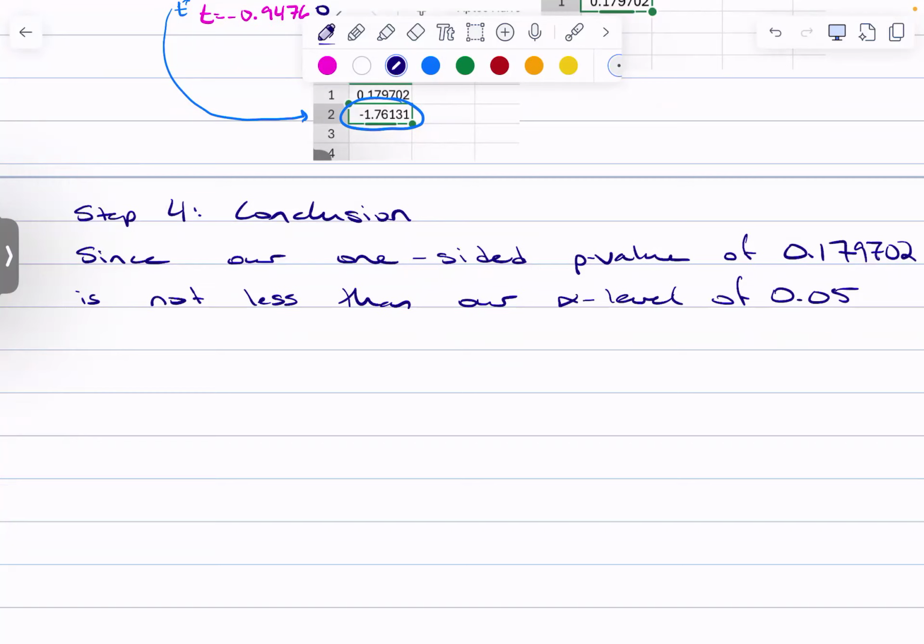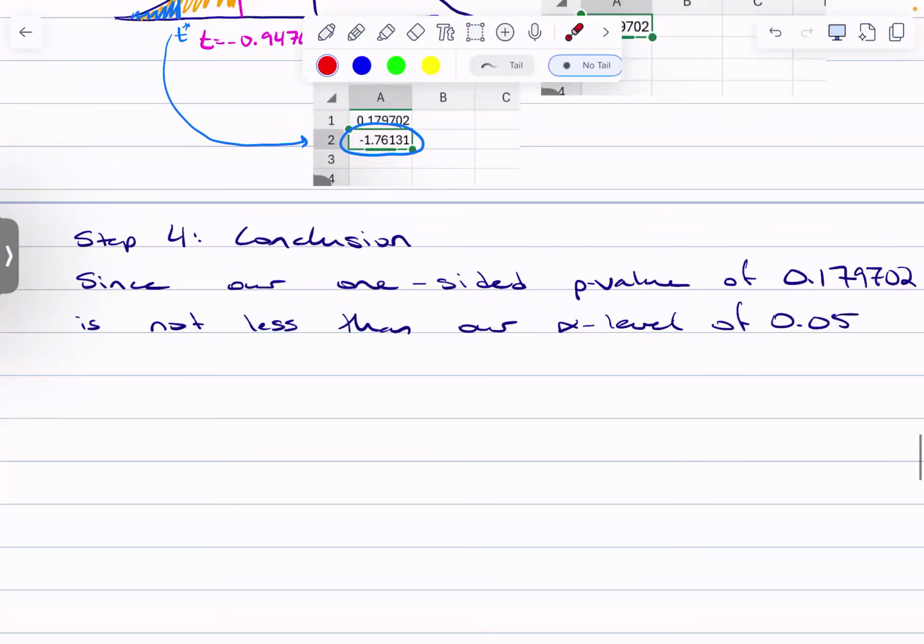And this is where I encourage you to use that phrasing of it either is less than the alpha level or it is not less than the alpha level, because then you'll have that symmetry, where you have enough evidence to reject H naught or you do not have enough evidence to reject H naught.